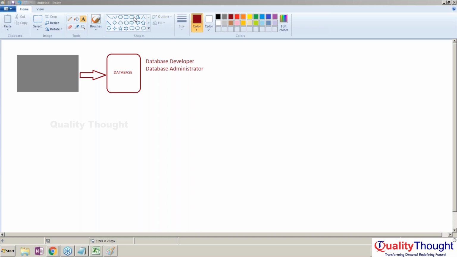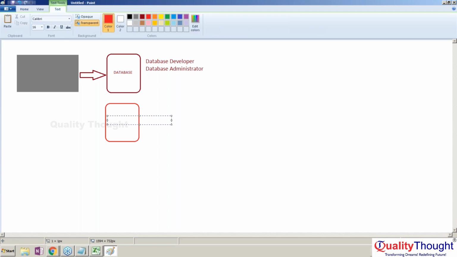Now we have another environment that is called, what is that one, guys? We have something called data warehouse technology. Let me write down this one. Data warehouse.